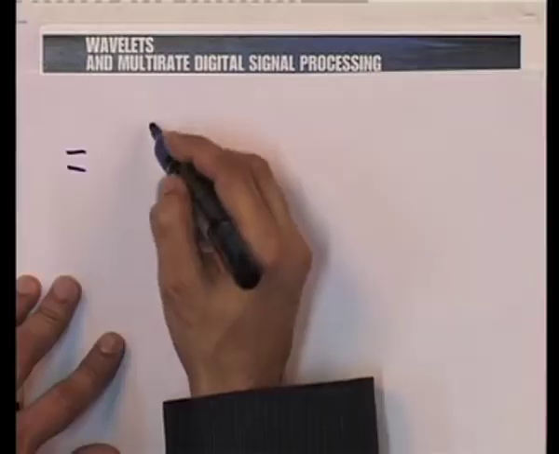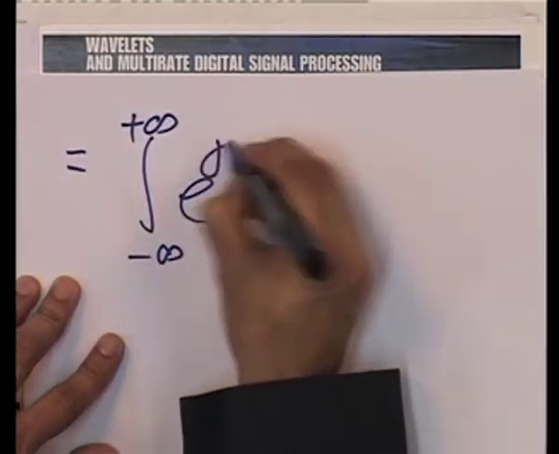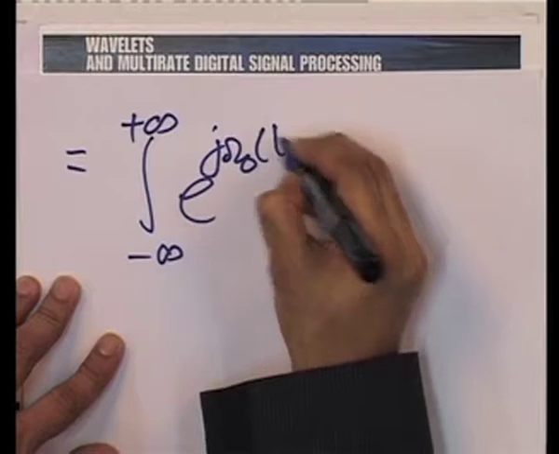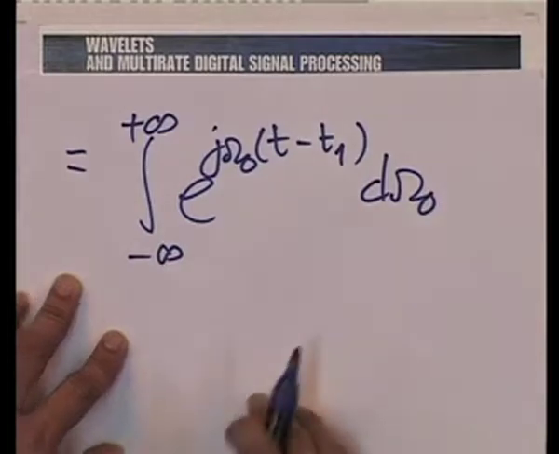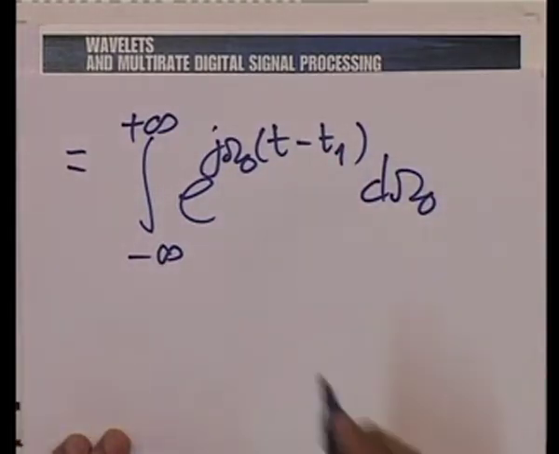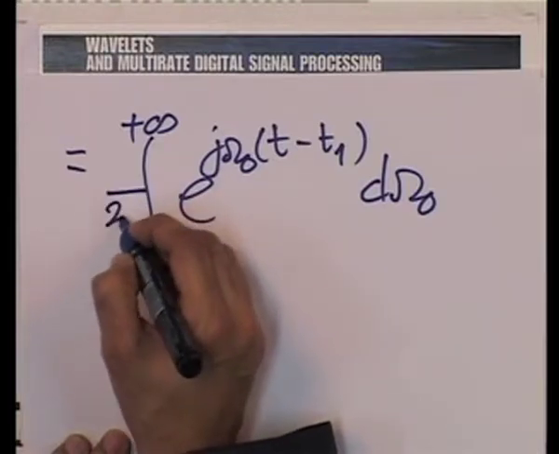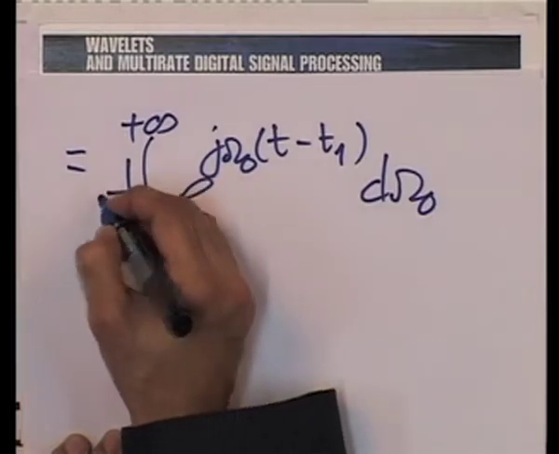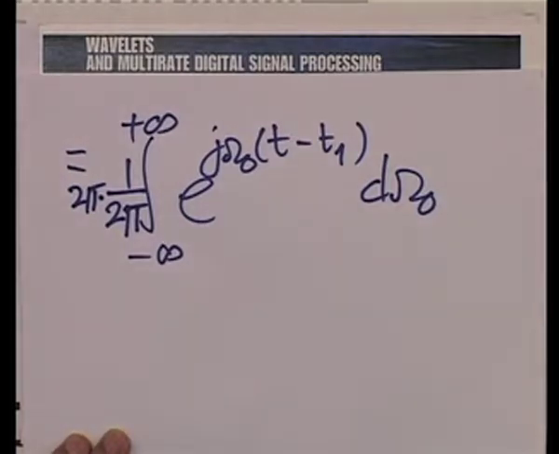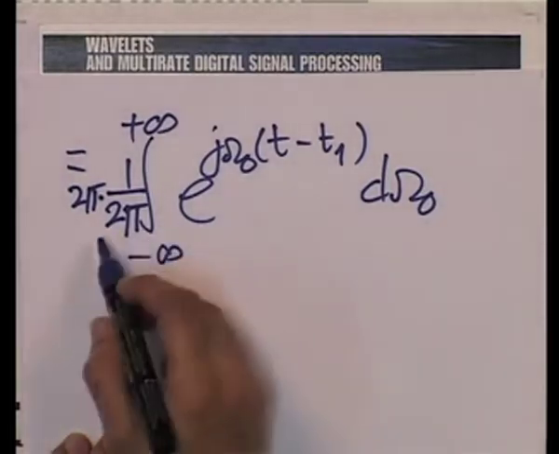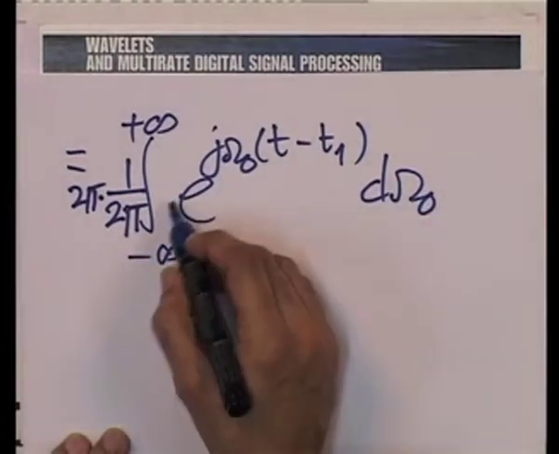We get e raised to the power j omega naught t minus t1 d omega naught. Essentially, if I multiply and divide by 2 pi, this is a very familiar quantity. What we are doing here effectively, if you look at it, is taking the inverse Fourier transform.